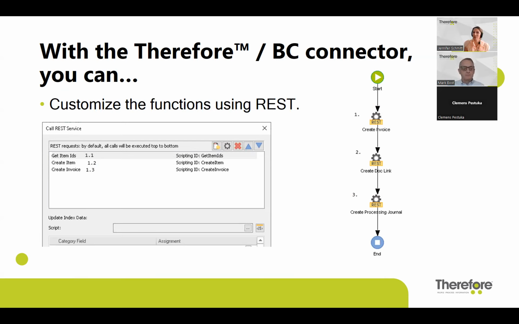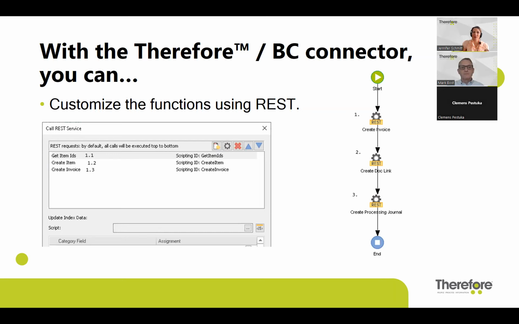So with REST, you can even augment these existing connections so that you can really personalize what the connector is doing for your business. And Clemens had shown us a technical demonstration of the types of REST calls that are possible, but even more is possible.